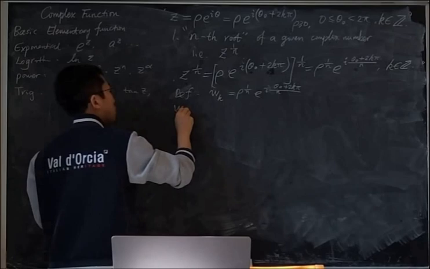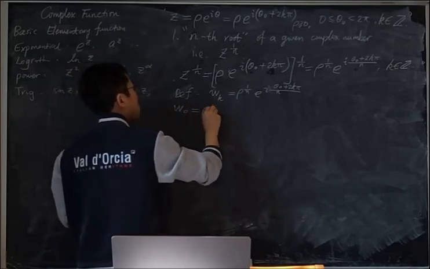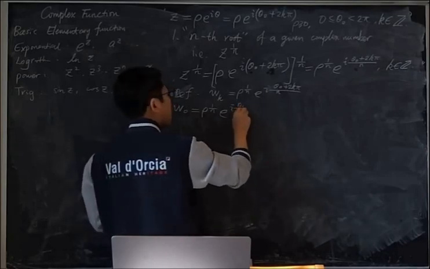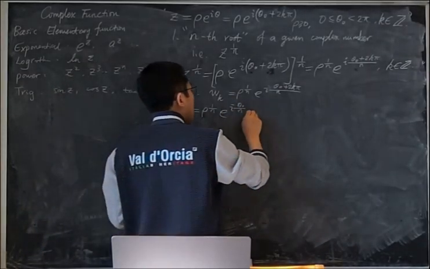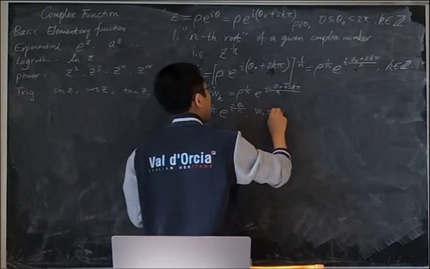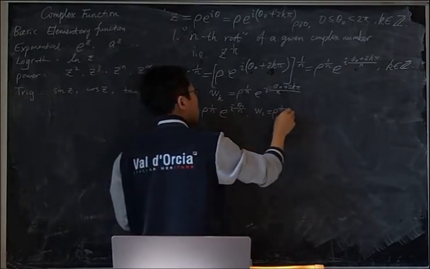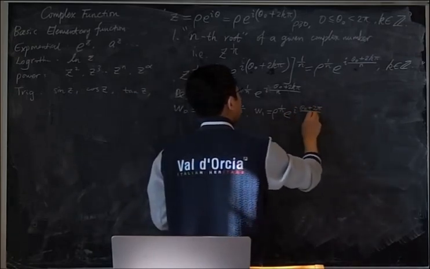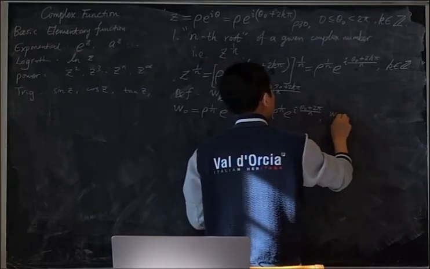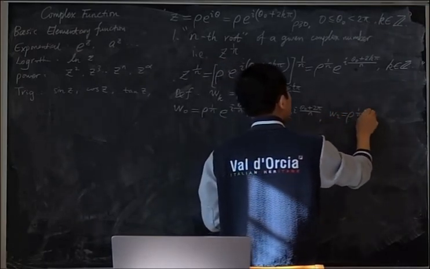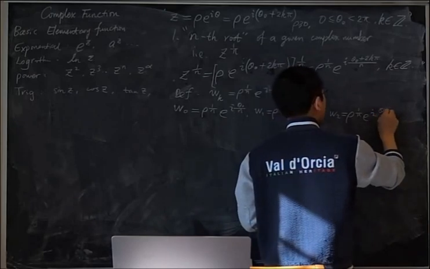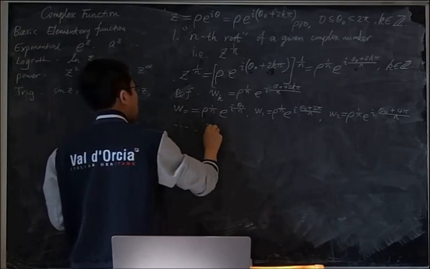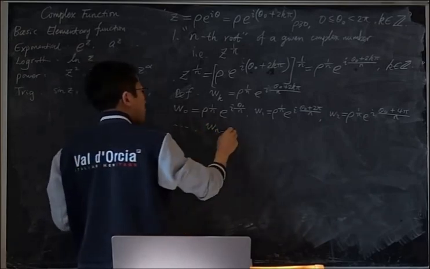Then w0 is rho to the 1 over n e to the power of i theta naught divided by n, no problem. w1 is going to be rho to the power of 1 over n times e to the power of i theta naught plus 2 pi over n. w2 is going to be rho to the 1 over n times e to the power of i theta naught plus 4 pi over n, and all the way to, I'll write it all the way to w of n minus 1.